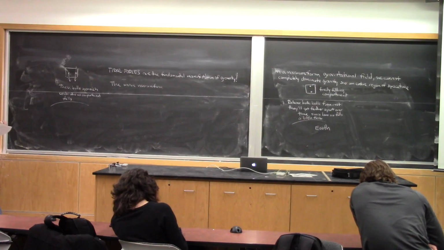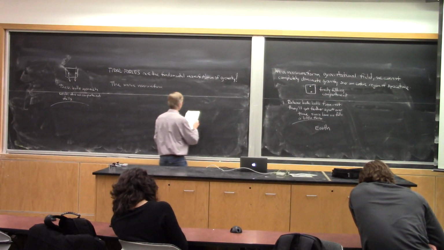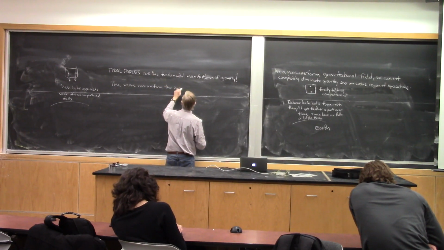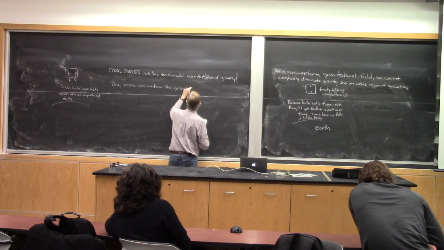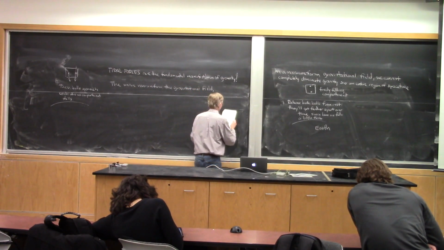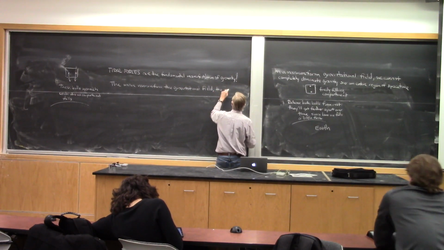Near Earth's surface, you can get away with a much bigger compartment. The more non-uniform the gravitational field, the smaller the region of space-time.